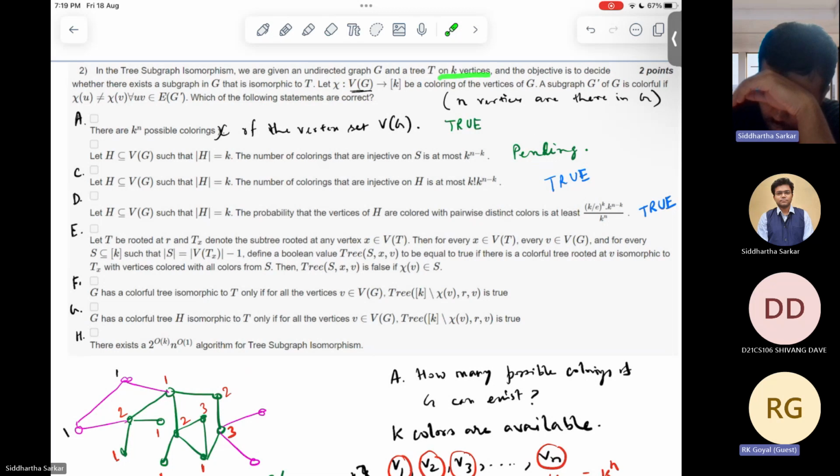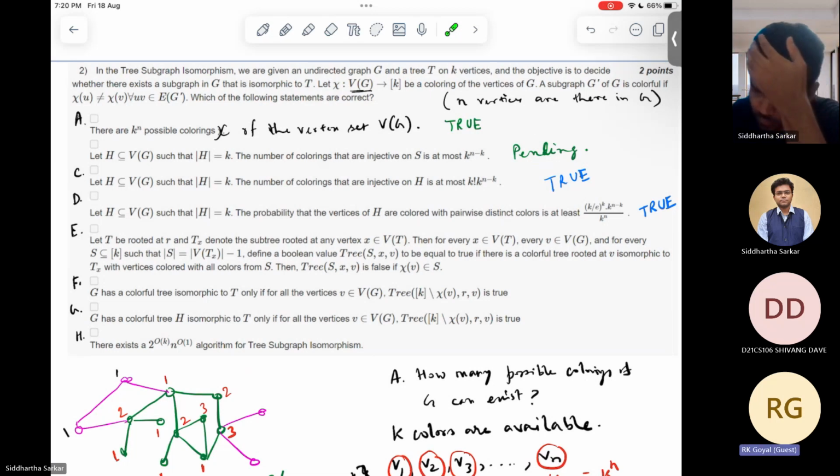Maybe there are some other bounds on this. So they're doing some random coloring and they're able to show an algorithm that is able to answer this question with high probability. So I have to probably get back to you on this after reading the material once again.